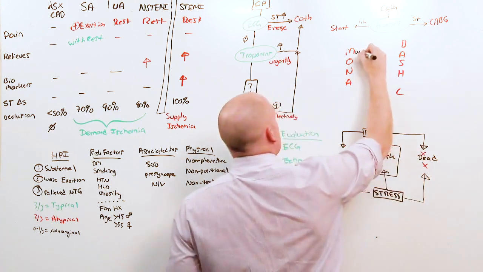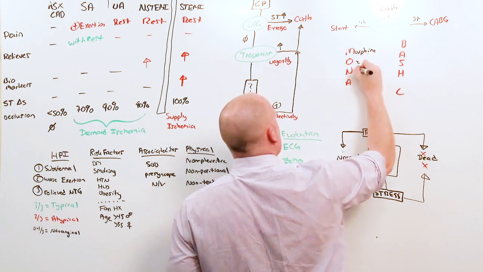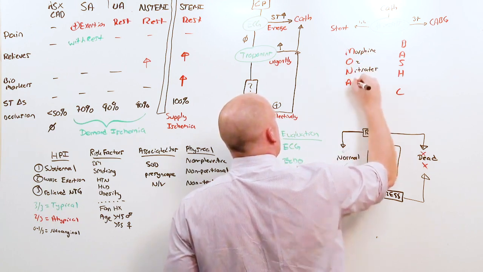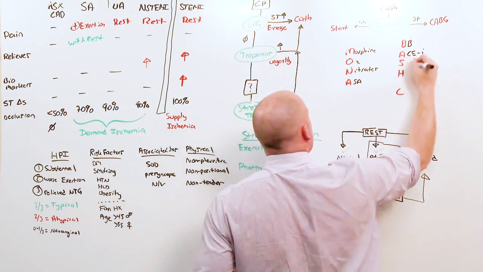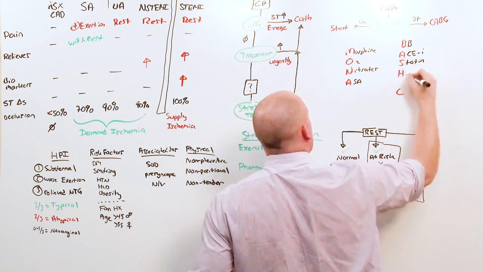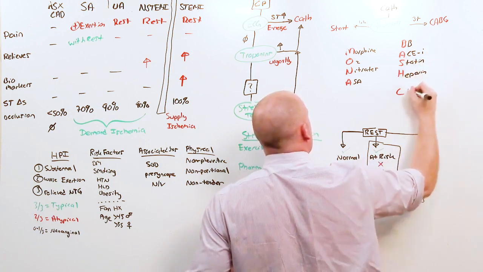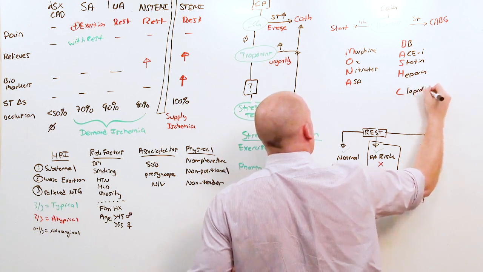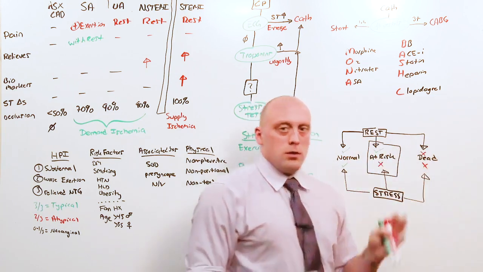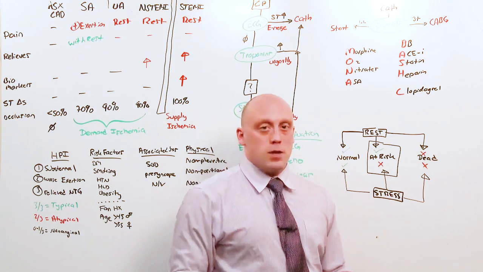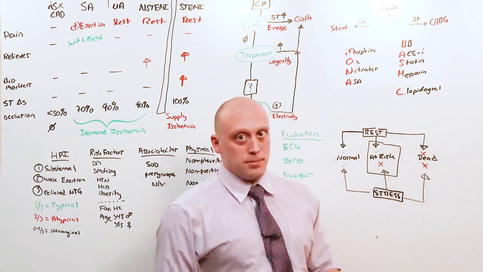That stands for morphine, oxygen, nitrates, aspirin, beta blocker, ACE inhibitor, statin, therapeutic heparin, and clopidogrel. Now, it could be prasugrel, clopidogrel, ticagrelor, whatever the case may be, so long as it's another antiplatelet.